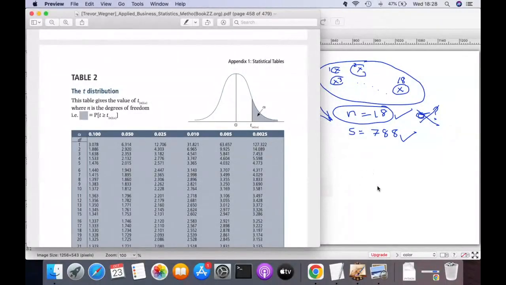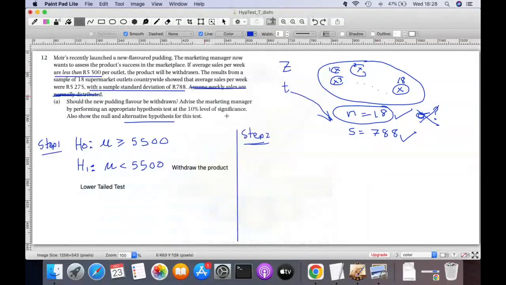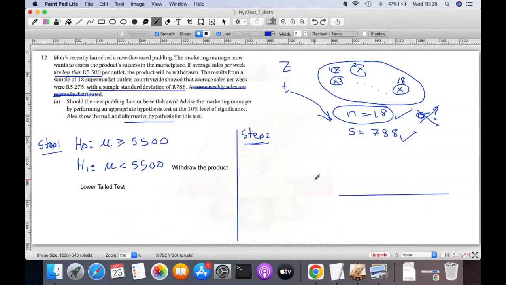So we're going to sketch this curve here. So here, our axis. Okay, and I'm going to try and do it as best as I can.